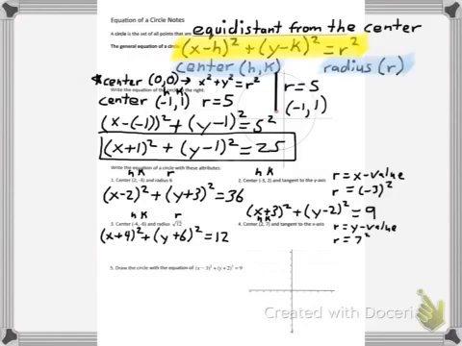Okay, so let's go ahead and start writing our equation here. x minus h, so (x - 2) squared plus (y - 7) squared equals, what was my radius squared? We said my radius was 7. 7 squared is 49.